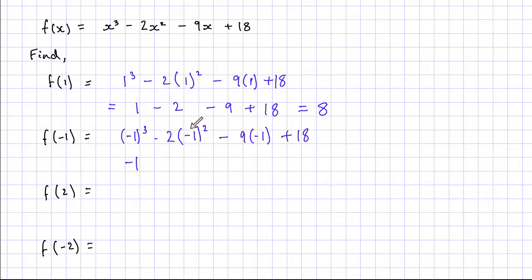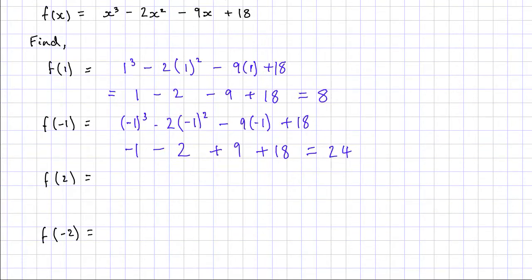So 2 times 1 is 2, and then I have to take away 2. I have 9 times minus 1 is minus 9, and I have a takeaway here, so it will be plus 9. And I have plus 18. So minus 1 take away 2 is minus 3. Add 9 is 6. Add 18 is 24.